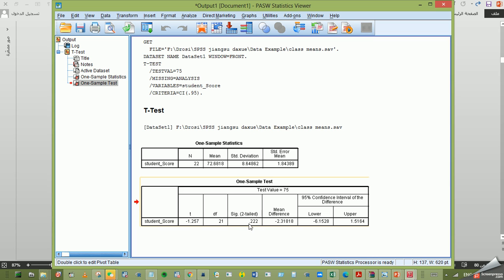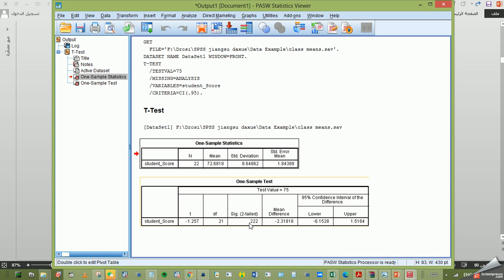And here is the significance for two-tailed, as I said, it's two-tailed, not more or less, but both together. It is 0.2, and this value is more than 0.05, so we cannot reject the H0 hypothesis.